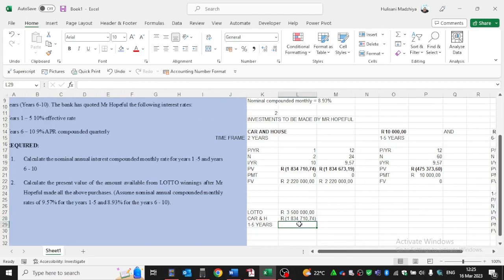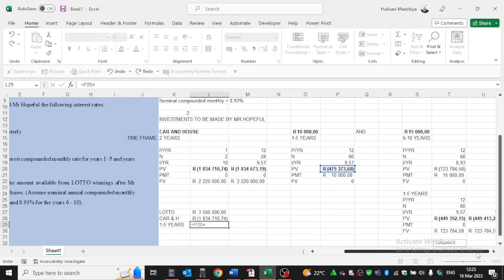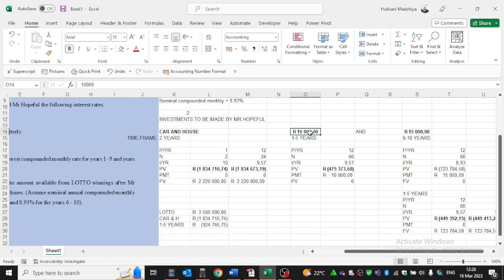So this will be equal to the investment for 10 years plus the investment for 15,000. So in total, in terms of year 1 to year 5, he needs to invest 924,765.75 cents between year 1 to year 5, which is going to allow him to withdraw 10,000.